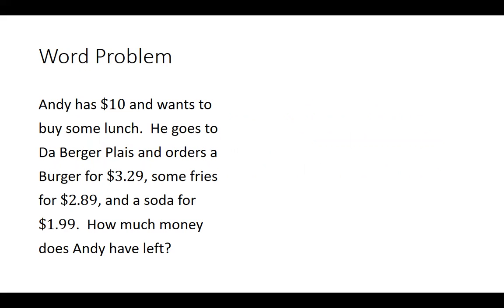So we want to first understand the problem. So what do we see here? Let's pull information out of it. Andy has $10 and wants to buy some lunch. Okay, so he starts with $10. He goes to Da Burger Place and orders a burger for $3.29, some fries for $2.89, and a soda for $1.99.